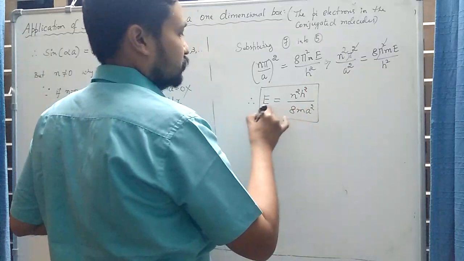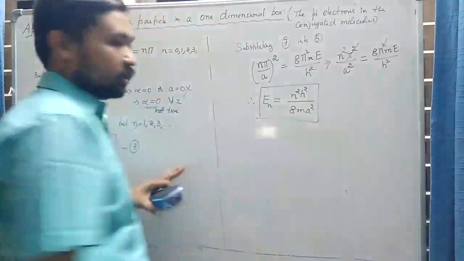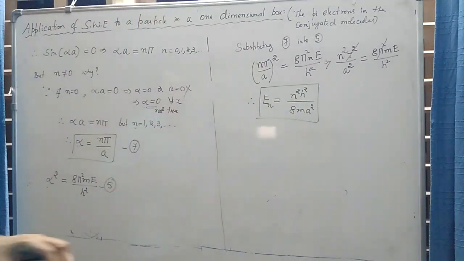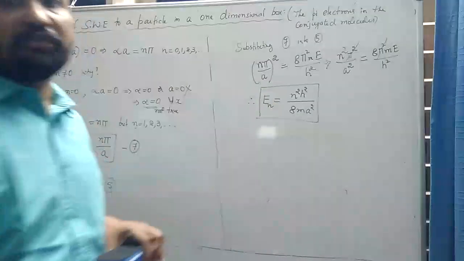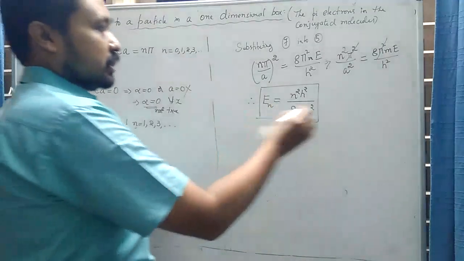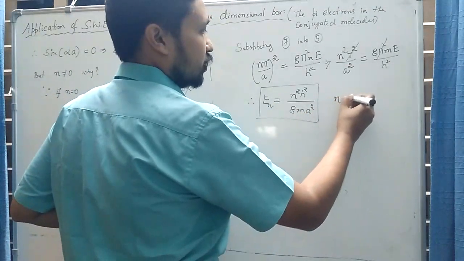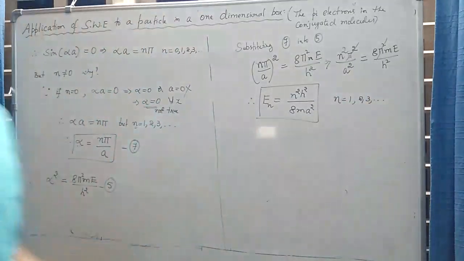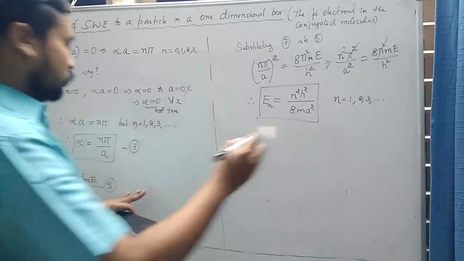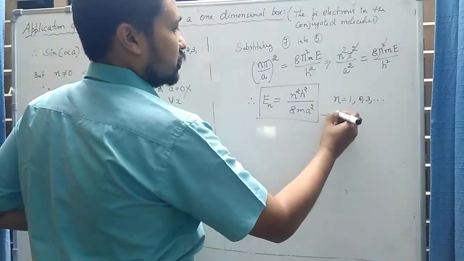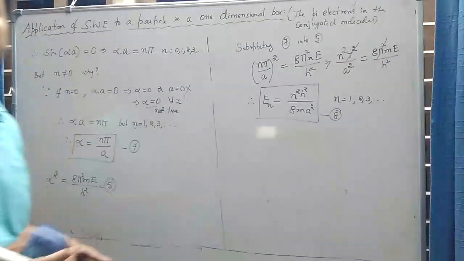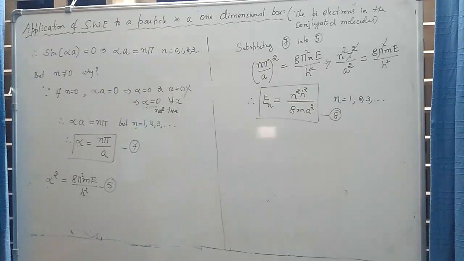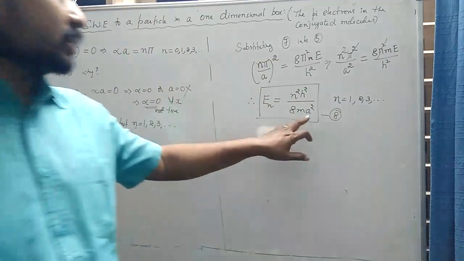Okay, and I am using a subscript n to indicate that the energy of the particle depends on the value of the integer n. Remember, n can take only integral values starting from n is equal to 1. So this is the expression, very important expression for the energy of the particle trapped in a one-dimensional box of length a.